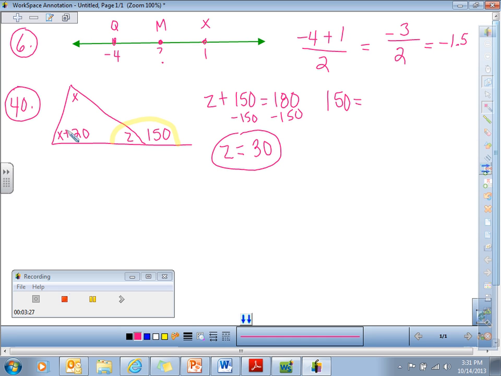Does that make sense? Okay, so 150 is equal to X plus X plus 20. We add those two angles together and set it equal to that exterior angle. Any questions? Okay, so 150 is equal to, what's X plus X? 2X plus 20, and what should I do next?